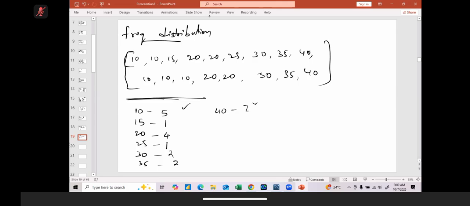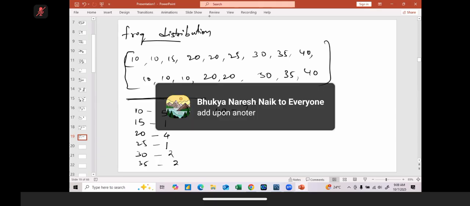Next, there is one more thing, cumulative distribution. What is that? Cumulative distribution. Add upon another.